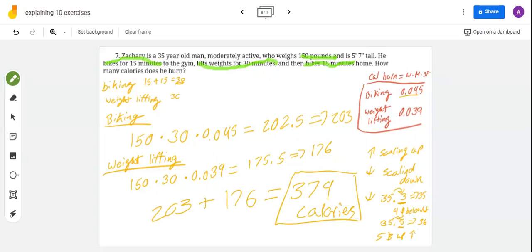Yes, 379 is the answer for 203 and 176 being added together. So your answer would be 379. Okay? Does that make sense so far?